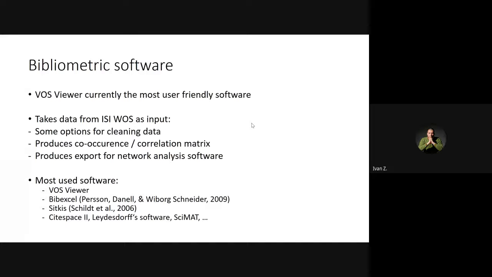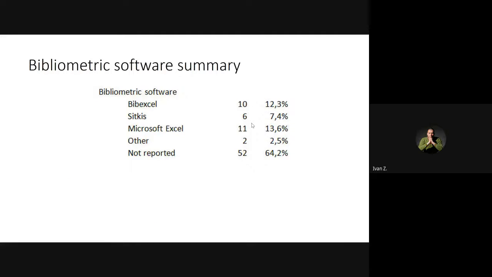This one is also good, and I can recommend it if you use R, because it is very quick and simple to use too. When we did the analysis, BibExcel was one of the most used software. A lot of authors constructed their own databases and did the analysis in Microsoft Excel. But most of the published bibliometric papers did not report which software they used.